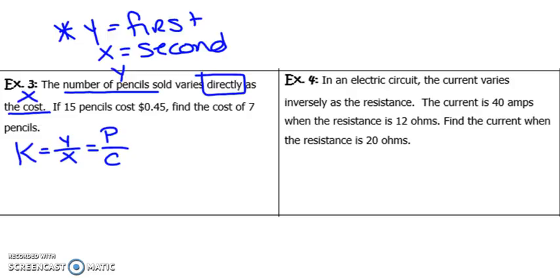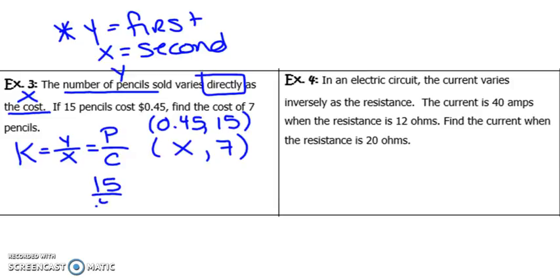So now we want to set this up. If I have number of pencils is my y and cost is my x, that means my first point is 0.45, comma 15. And I need to find the cost, which is my x or my c, of 7 pencils. Now we're still going to solve this the same way we solved them the last couple days. Because we're doing direct variation, we're going to set up a proportion.